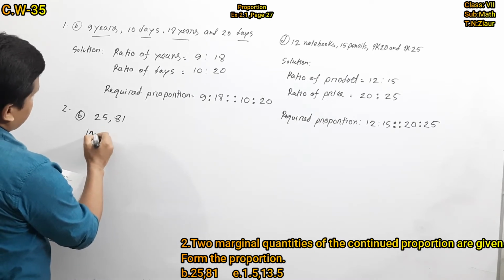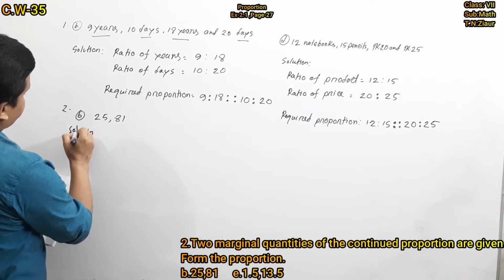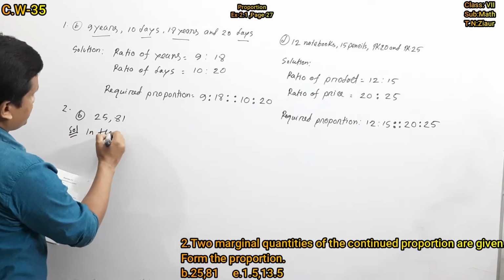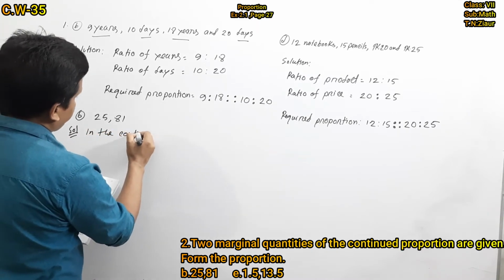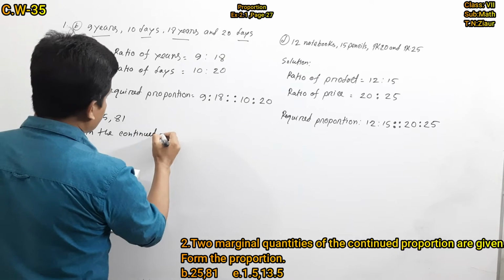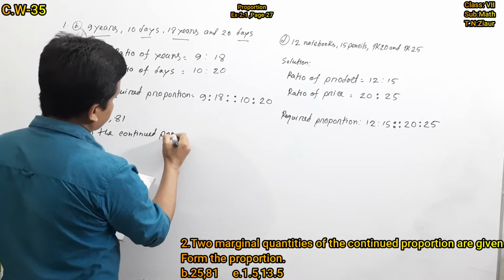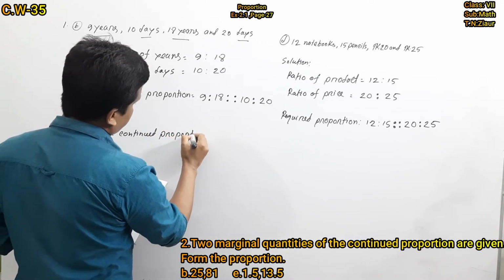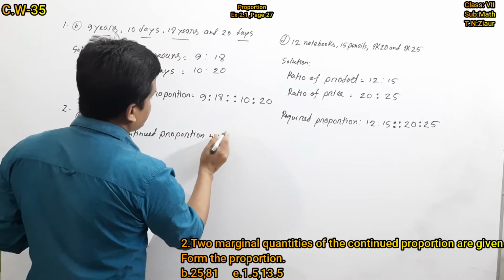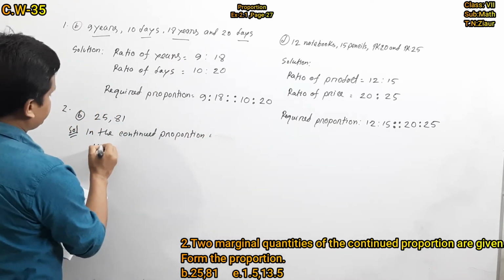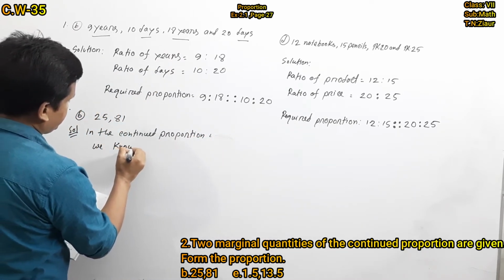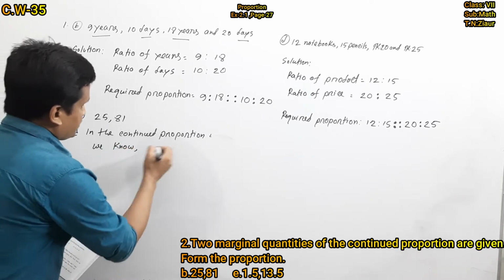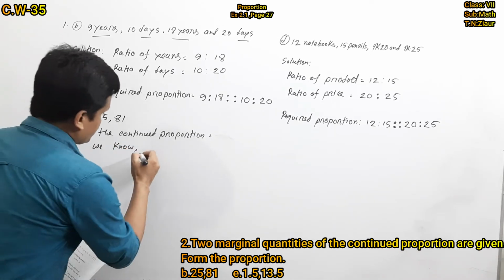Now write solution. In the continued proportion, we know, what? Mid quantity square equal to what?